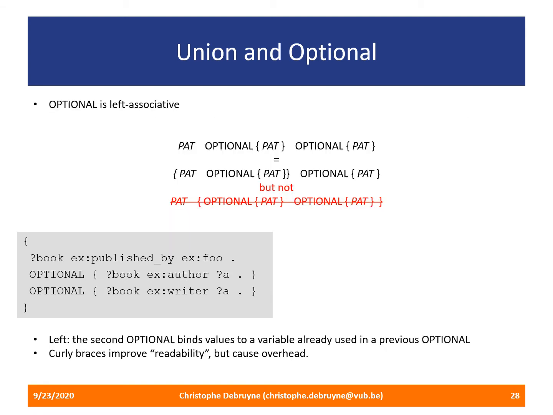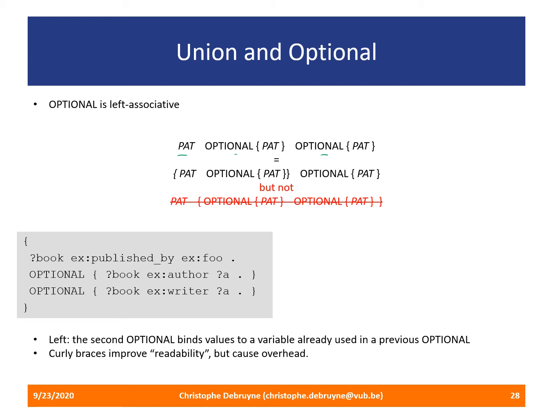Now, the optional is left associative, so that's a bit trickier. So here we have an example. Provided that you have a pattern followed by two optional patterns, well, that is equivalent with, from left to right, combining those with curly braces.